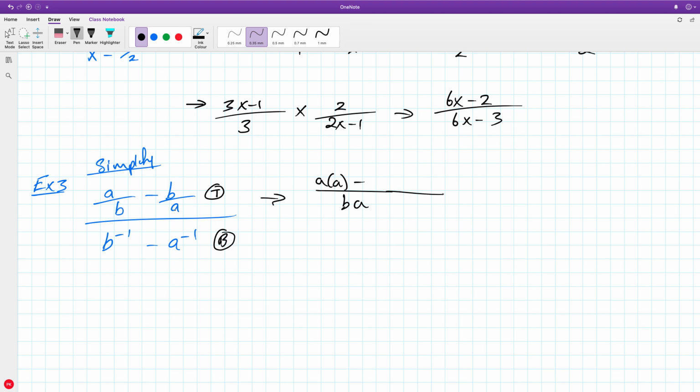Minus. Divide a into ab, and you're left with b times b. Yeah? a by a squared minus b by b squared over ba.